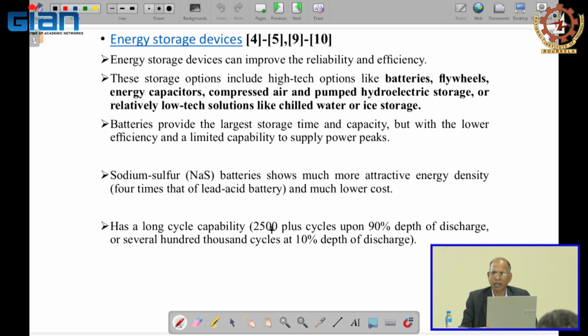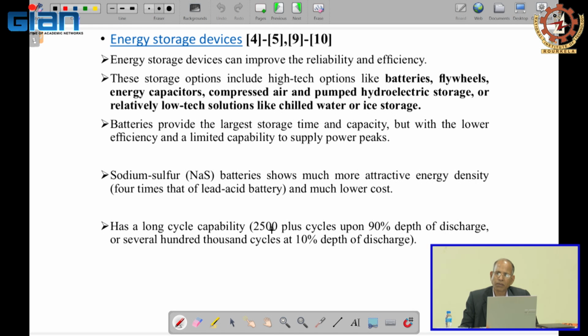How are we increasing the reliability? Because at night there is no sunshine, but maybe at that time you have wind. By having diversity of generation, we are increasing the availability or reliability of the source.